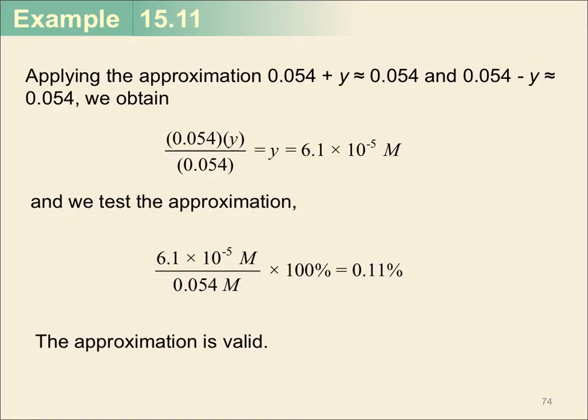Following the approximation, the 0.054 plus y is still 0.054, and 0.054 minus y is 0.054, which gives us y over 1, which is equal to y, which is equal to 6.1 times 10 to the minus 5. Test the approximation, this time using the concentration of the HC2O4 minus ion. So 6.1 times 10 to the minus 5 over 0.054 gives us 0.11 percent, so the approximation is valid.